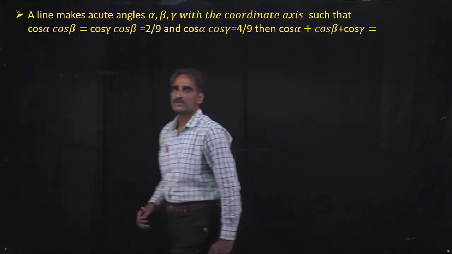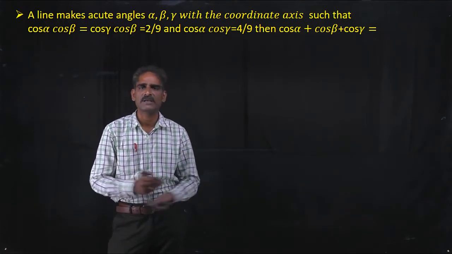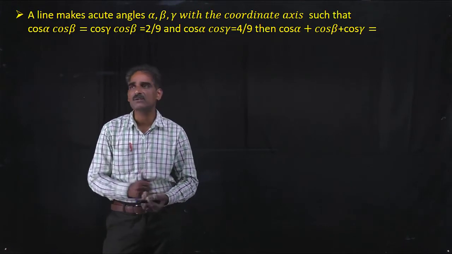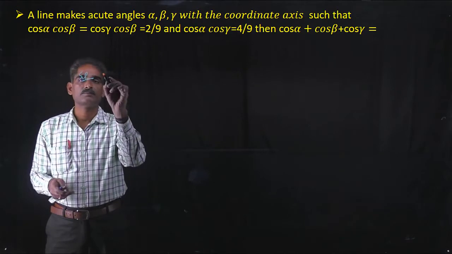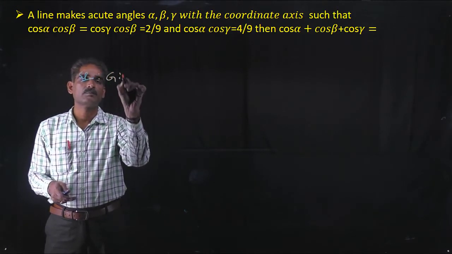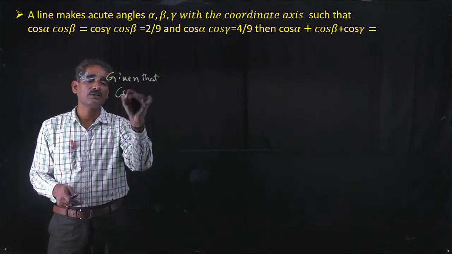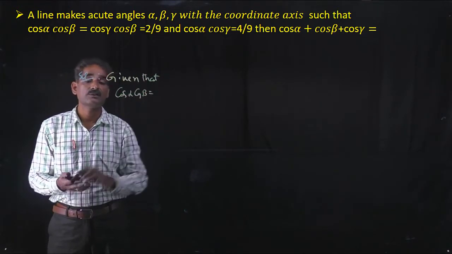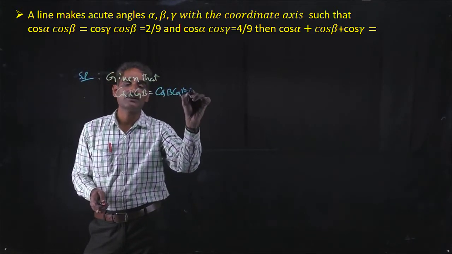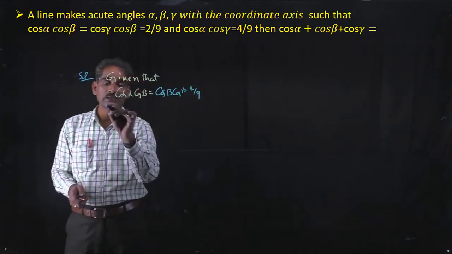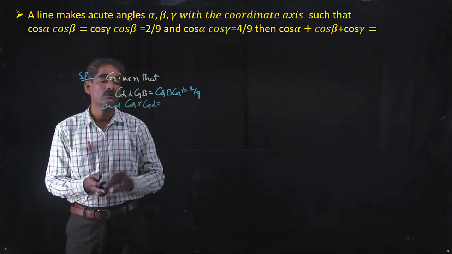See this problem. This is also one of the applications of DCs. A line makes angles alpha, beta, gamma with the coordinate axes such that cos alpha cos beta is equal to cos beta cos gamma is equal to 2 by 9, and cos gamma cos alpha is equal to 4 by 9.